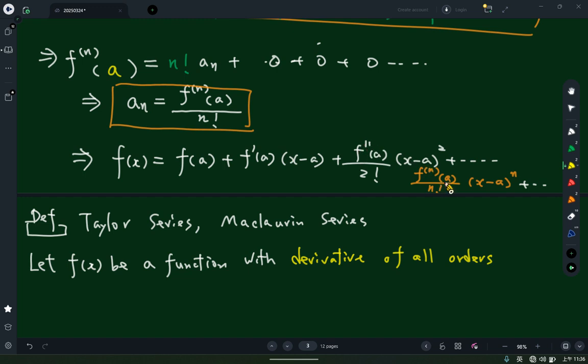Then this is the order n derivative, right? So we assume f can be differentiated in any order, throughout some interval containing the center a as an interior point.